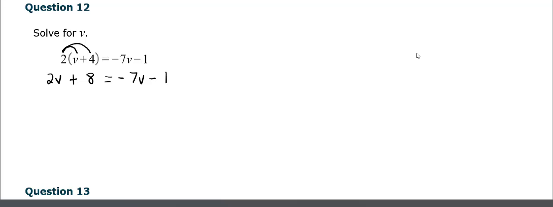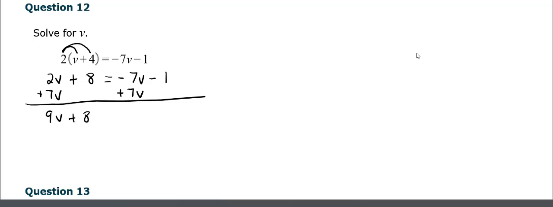So next we need to isolate our variable. I'm going to isolate my variable on the left hand side, so that means I need to eliminate that variable on the right hand side by taking its opposite. So on the left hand side I have 9v plus 8 equaling, and here negative 7v and positive 7v gives you 0, so that just leaves me a negative 1 on the right hand side.